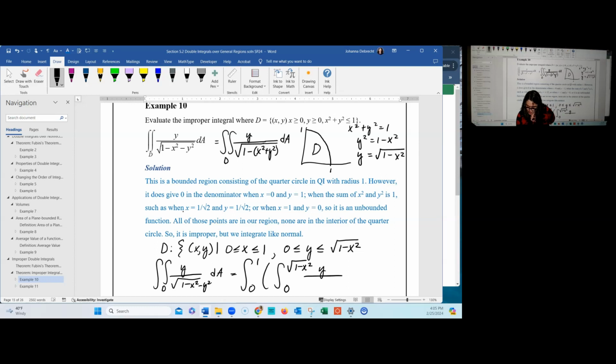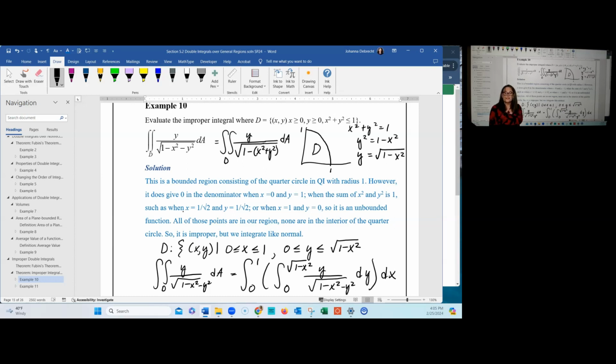Then we have y over the square root of 1 minus x squared minus y squared, with respect to y first on the inside, and then with respect to x on the outside. Notice that we cannot separate this into two factors that depend only on a function of x and only on a function of y. In order to complete this, you're going to have to use some substitution.